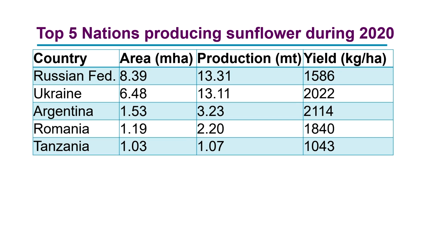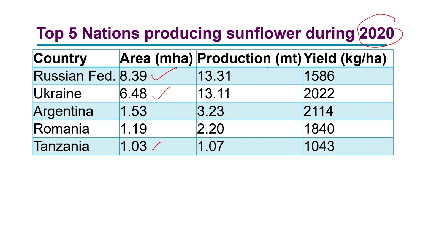Now see 5 important nations that produce sunflower during 2020. This data pertains to the year 2020, which is the latest data. You can see the highest area is in the Russian Federation, which is about 8.39 million hectare. Then number 2 is Ukraine, which had an area of about 6.48 million hectare in 2020, followed by Argentina, Romania, and then Tanzania.